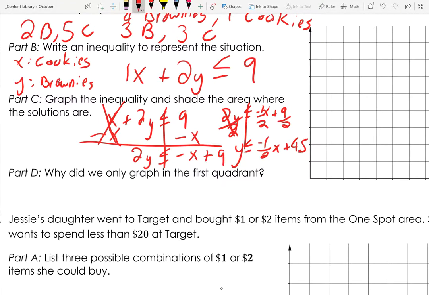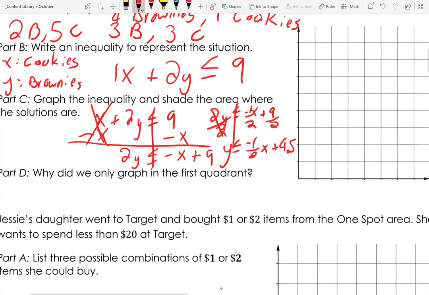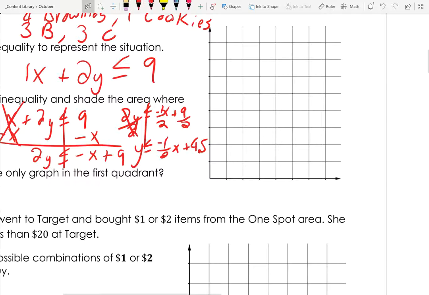All right. There we go. So now we're going to graph it. So x represents, remember, cookies, and y represents brownies. I don't know how I can fit that on here, but we're going to try. Yeah, I've got to lean sideways here.